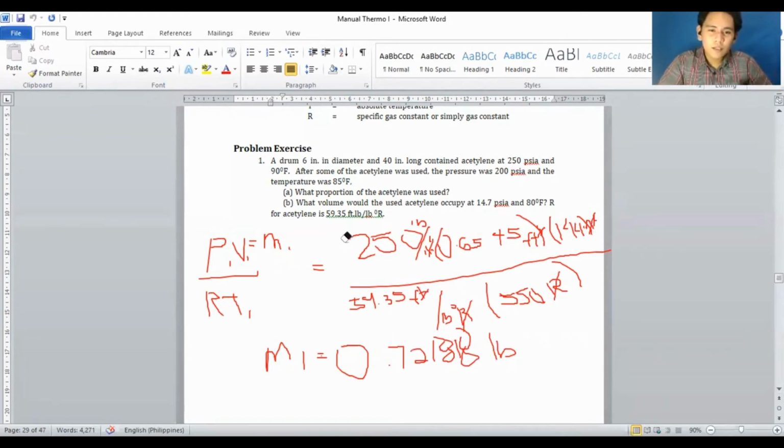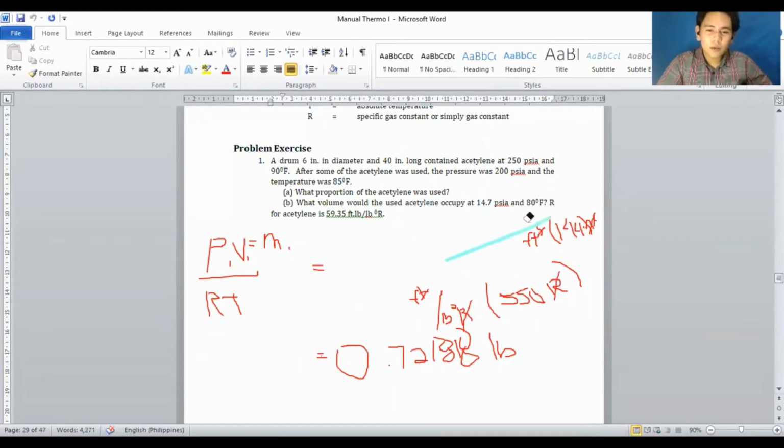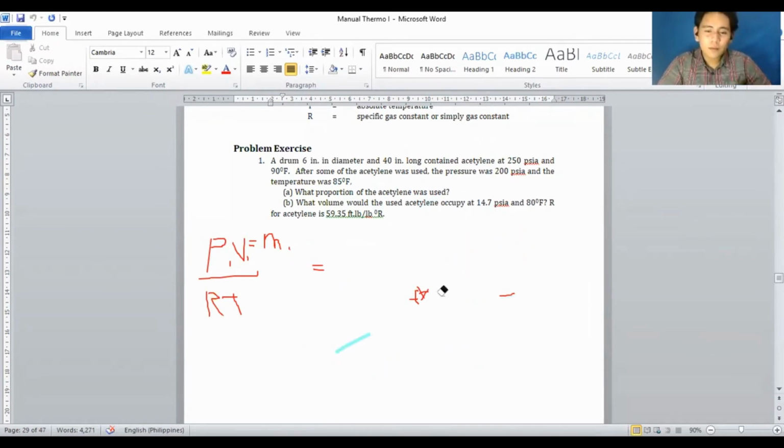Now in mass 2, it's the same process. So all you have to do is to substitute the values for your mass 2. We have mass 2 here, temperature 2 here.